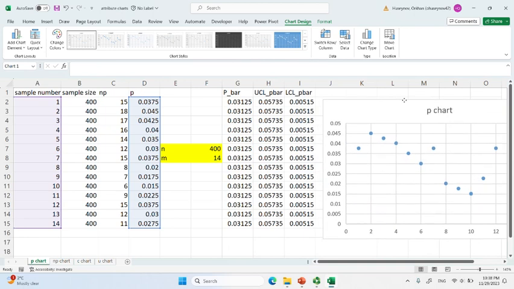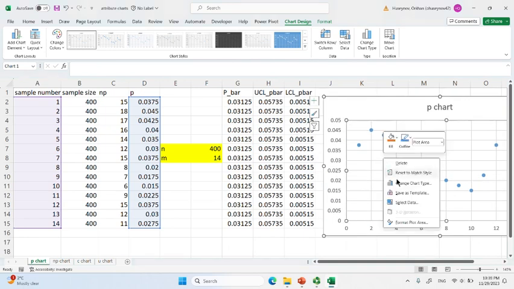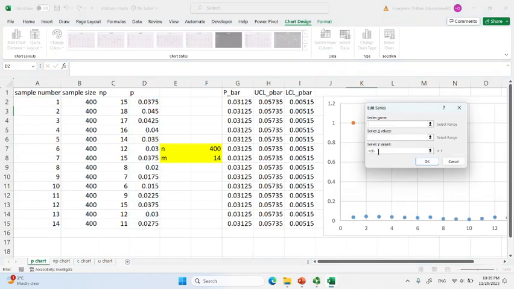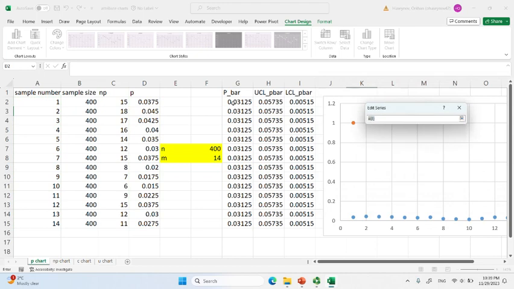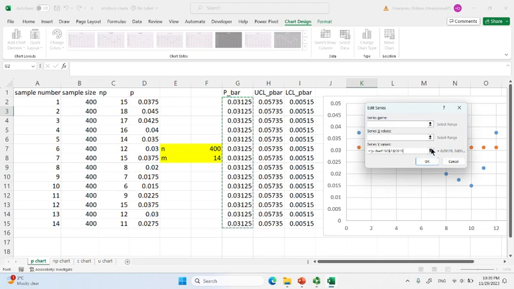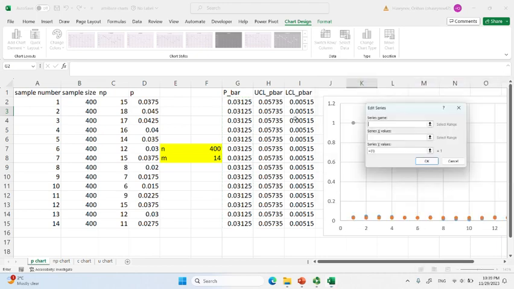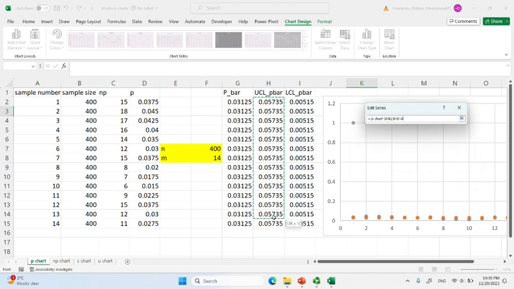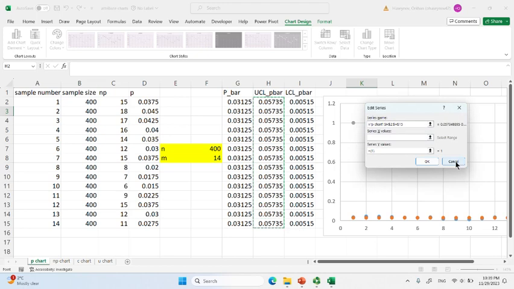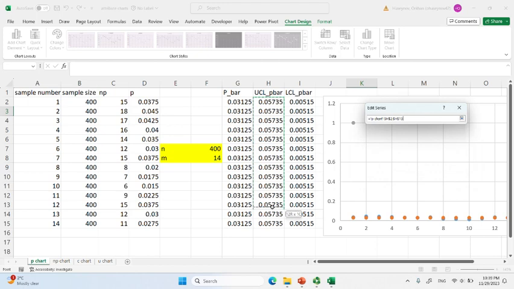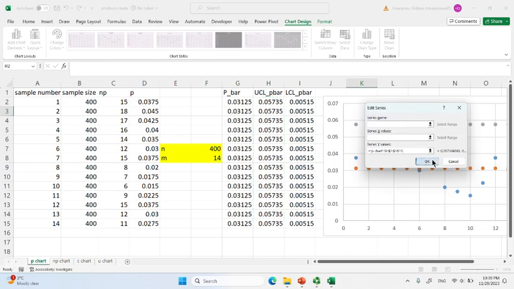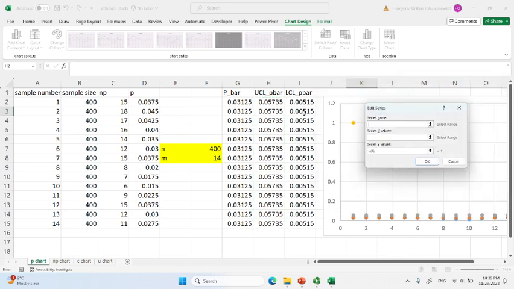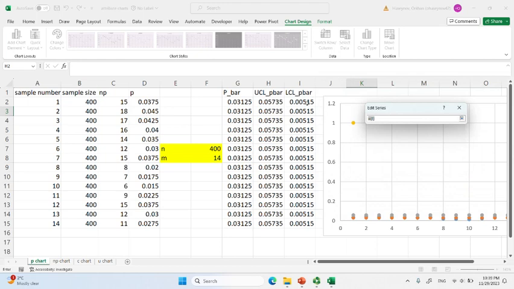Then we will add the central line and then the upper and the lower control limit. Select data, we add the y values, this will be the center line, then okay, and then we will have the upper control limit, y values, and then the lower control limit.